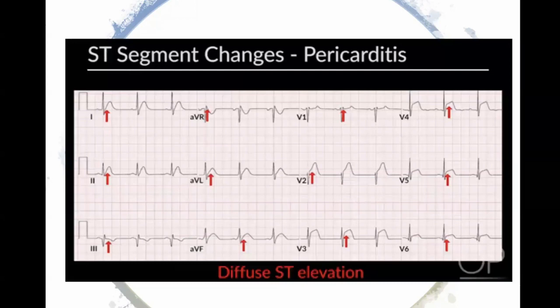If we look at this example, you can see that all of the ST segments are elevated. So when you see diffuse ST elevations across all your leads, you should think of pericarditis as the potential diagnosis.